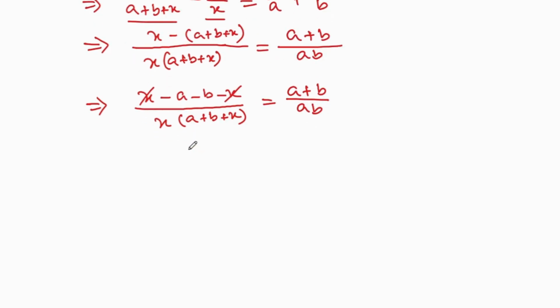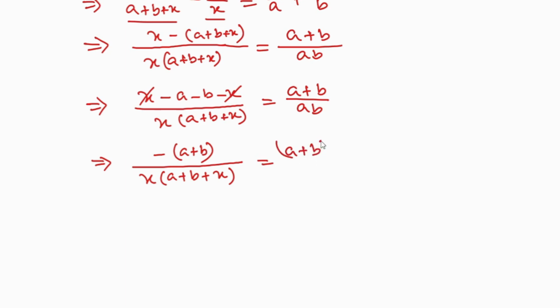After taking the common minus sign on the numerator of the left hand side, what we get? -(a+b) divided by x(a+b+x) equals (a+b) divided by ab.